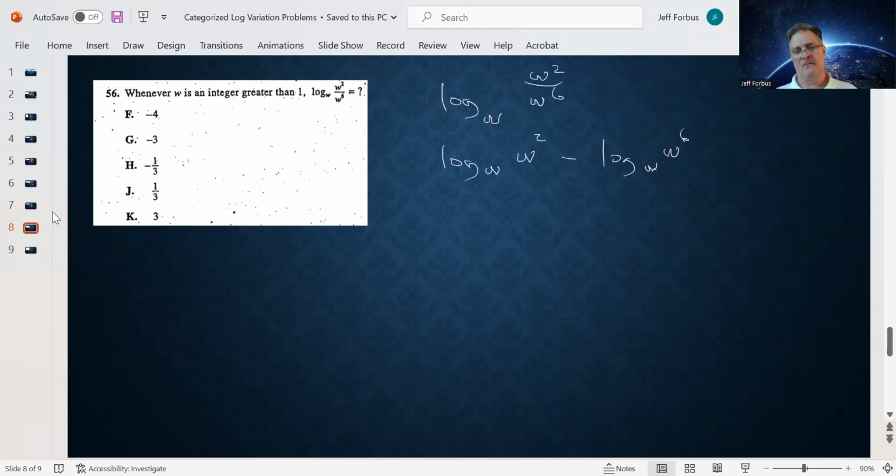Now, w is raised to the second power, so we got the power rule here that we need to apply. And on the other part, w is raised to the 6th power. So we got to apply the power simplification formula to both sides. So we're going to get 2 times the log base w minus 6 times the log base w. Okay, now we can subtract these. 2 minus 6 is negative 4. So therefore, it's going to be answer choice F.